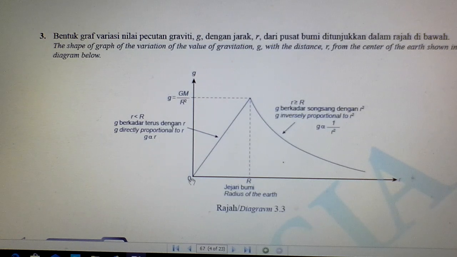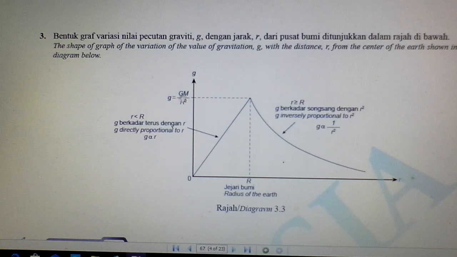From 0, which is the center of the Earth, gravitational acceleration equals 0. From the center to the surface of the Earth, gravitational acceleration increases, so you can see g is directly proportional to r, until it reaches the surface of the Earth, where the distance is equivalent to the radius of the Earth.